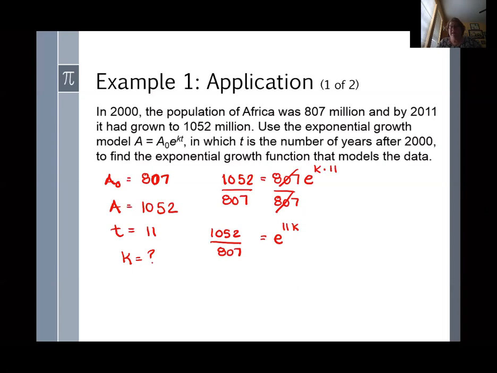Now, to solve this exponential equation, since the base is e, I need to take the natural log of both sides of this equation. So I'm going to take the natural log of the left and the natural log of the right. And when I take the natural log of the base e raised to a power, that's going to be just the power itself. The natural log of e to the 11k is equal to 11k.